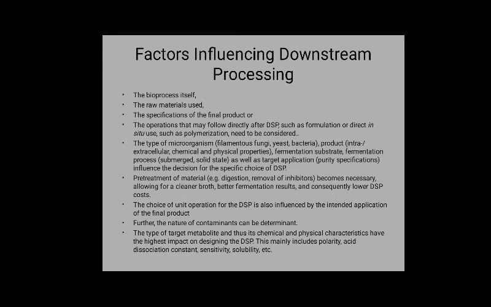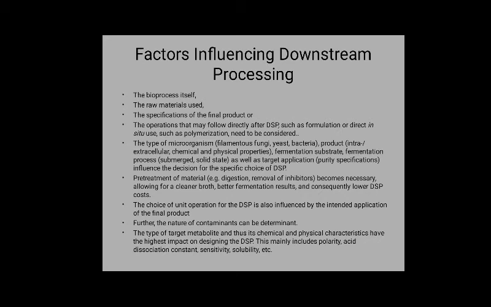Then the location of the product, that is, whether it is being produced inside the cell, an intracellular product, or whether it is being secreted into the fermentation broth, the media, that also needs to be considered.